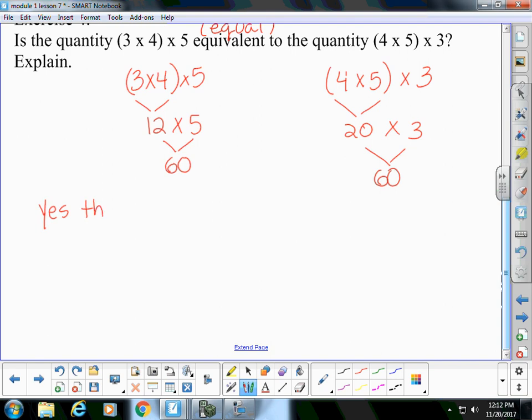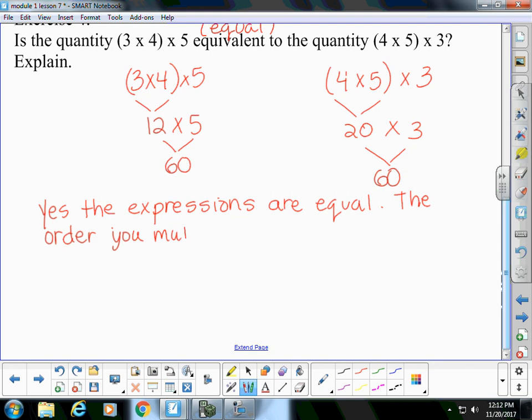So yes, the expressions are equal. The order that you multiply the numbers doesn't change the answer.